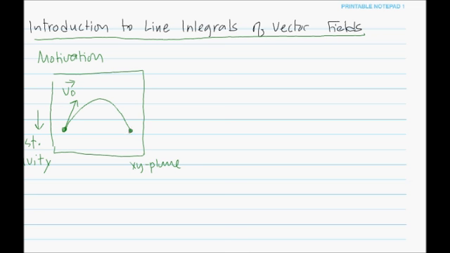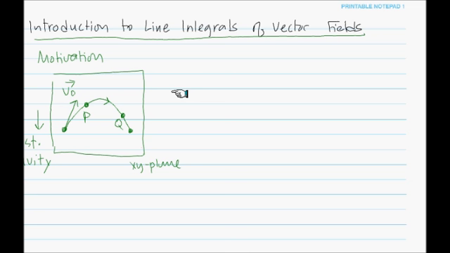But let's say we're only looking at this portion of this path, which is P and Q. It could certainly be the whole path, but suppose we're looking at this portion. And it is moving in a certain direction. So this line integral of a vector field is a little bit different from the line integral of a scalar function. This one is sensitive to the orientation, but it's not sensitive to the parameterization.